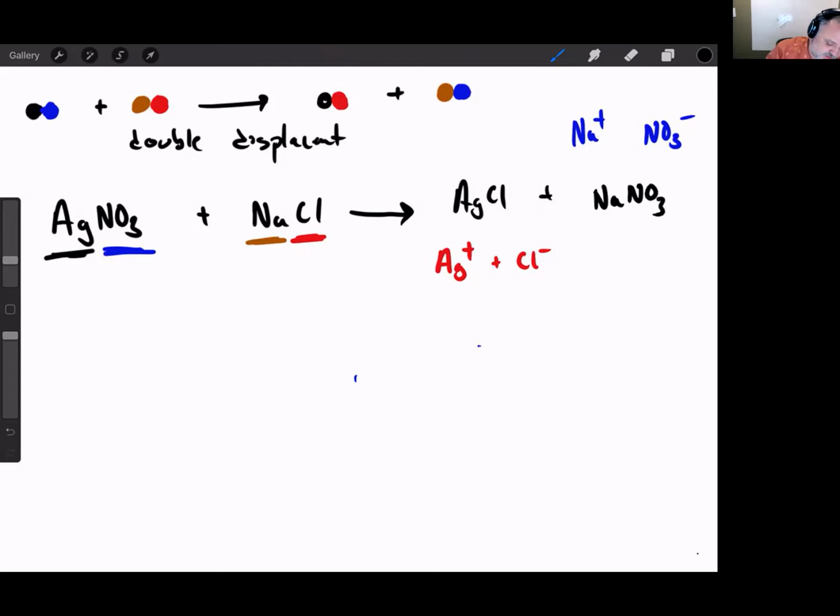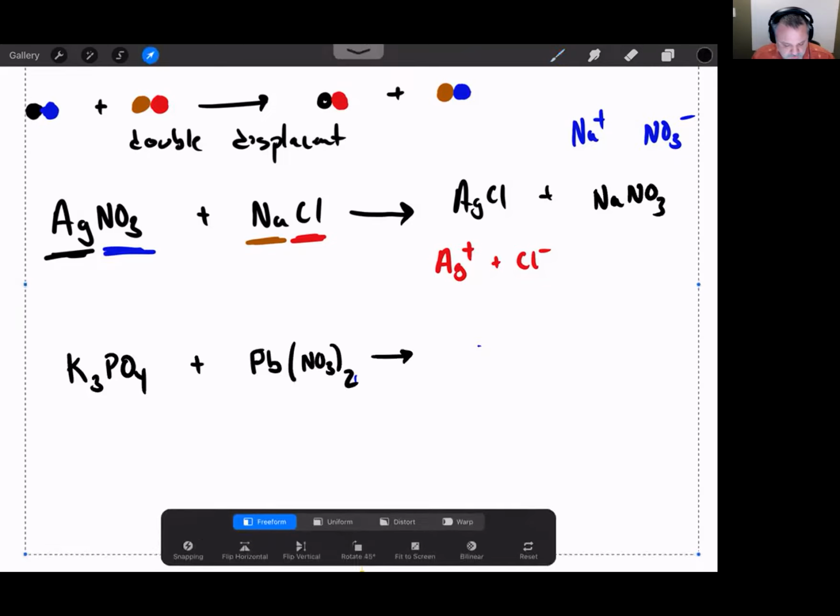Let's do something like potassium phosphate plus, let's do lead 2 nitrate. Let's do this one.